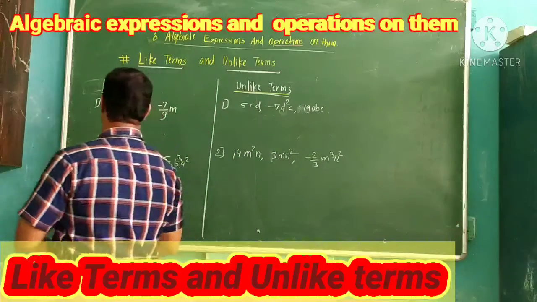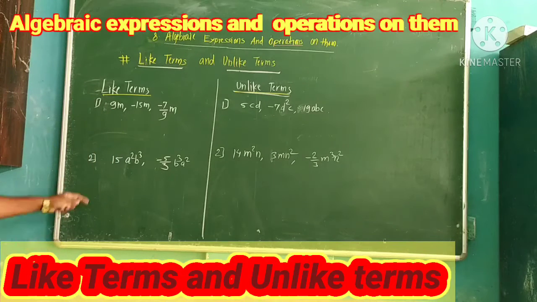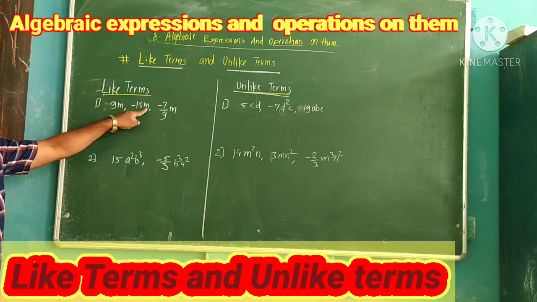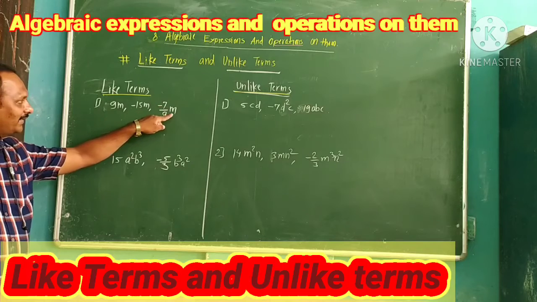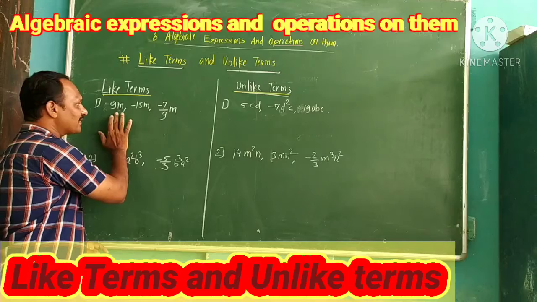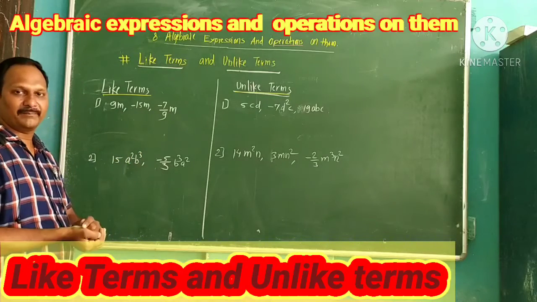First, you see here 9m, that is the first term. The second term is minus 15m, and the third term is minus 7 upon 9m. Now observe these three terms carefully and tell me your observation.